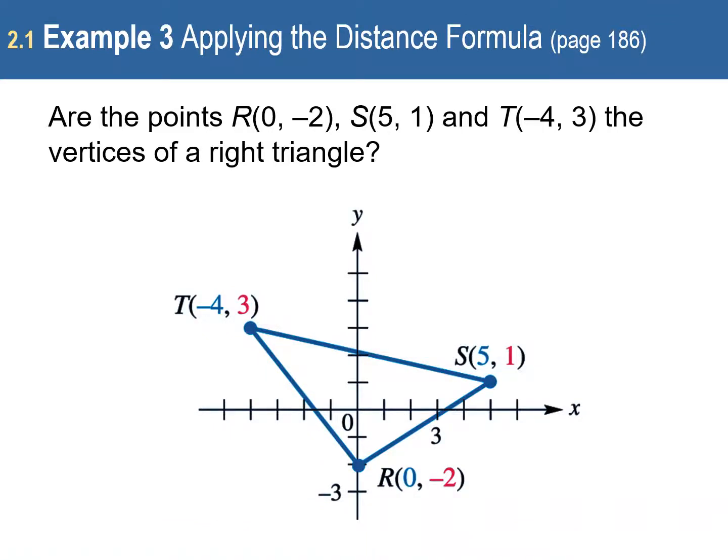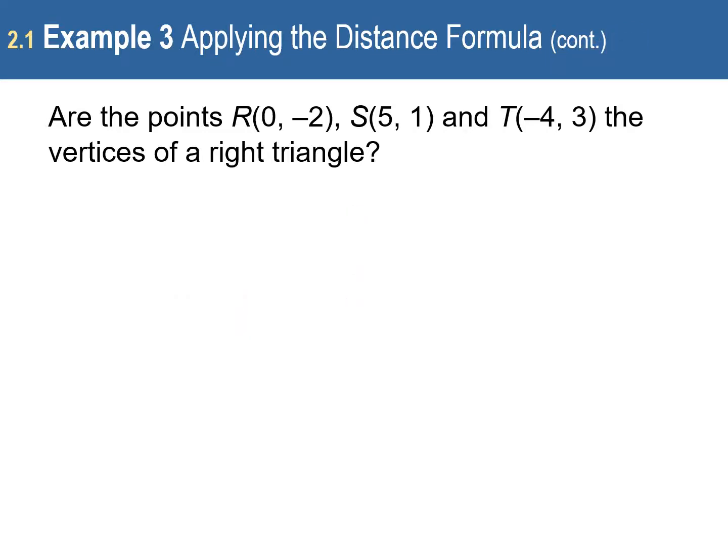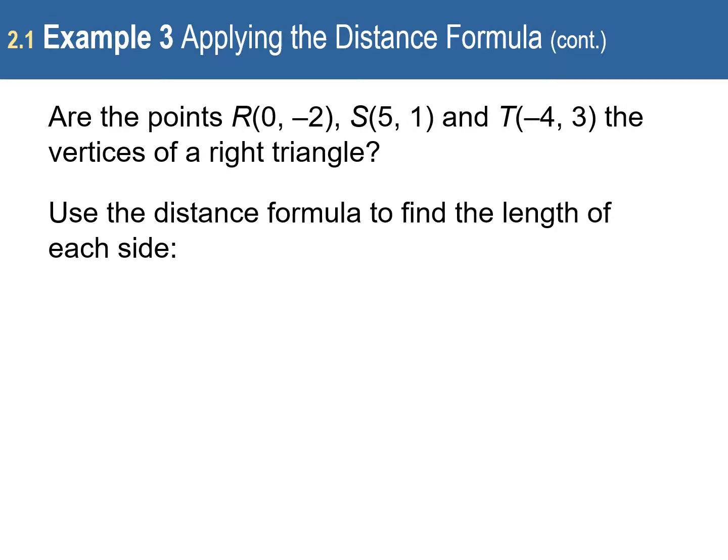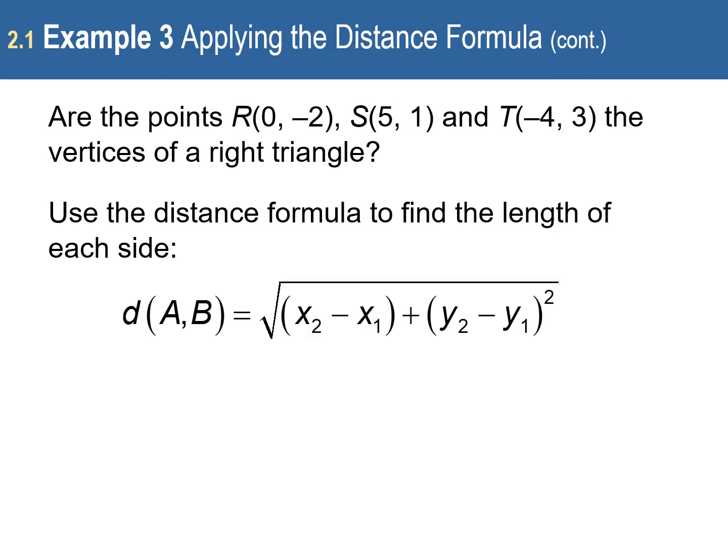Now, are the points (0, -2), (5, 1), and (-4, 3) the vertices of a right triangle? What am I really asking here? I'm asking, do these distances satisfy the Pythagorean theorem? So use the distance formula to find the length of each side.